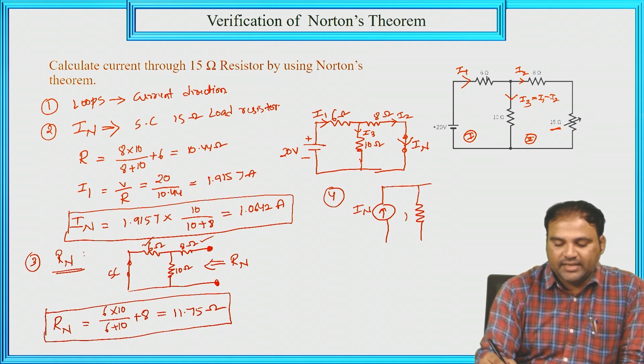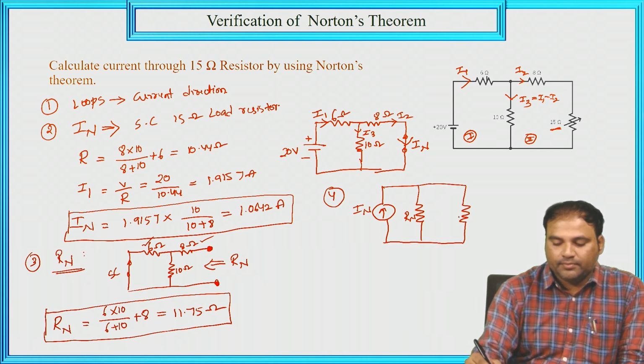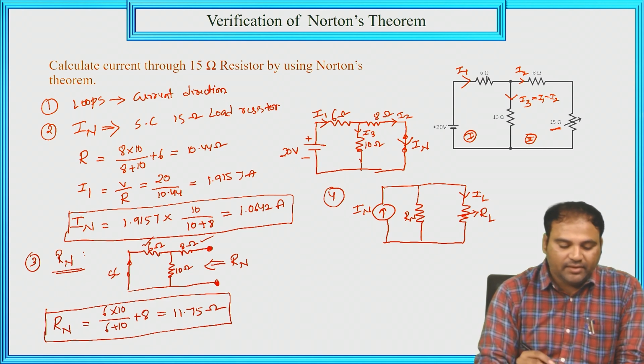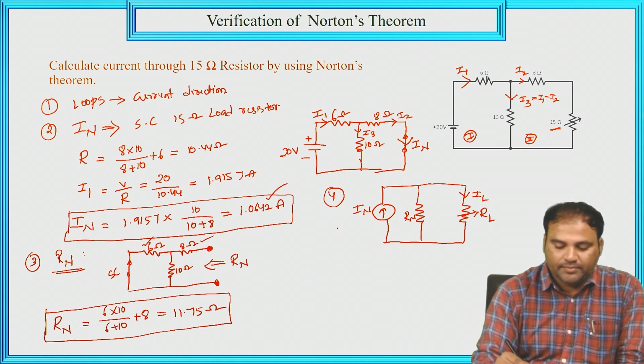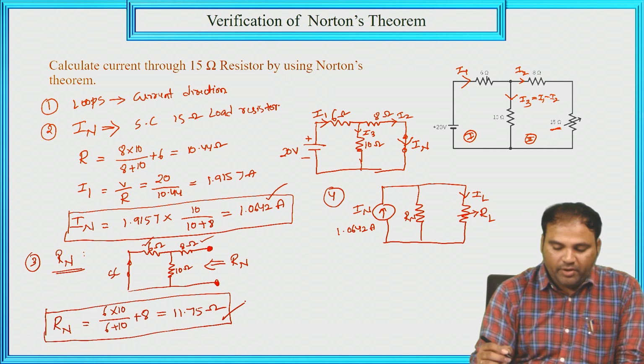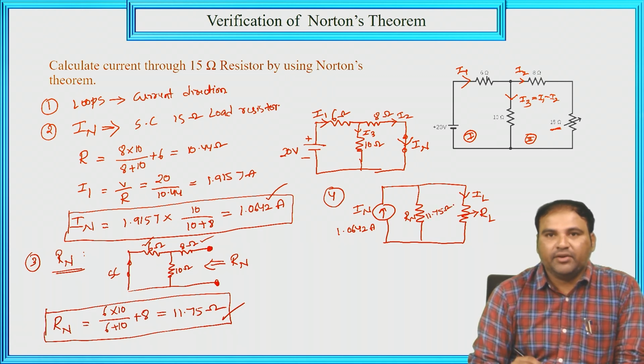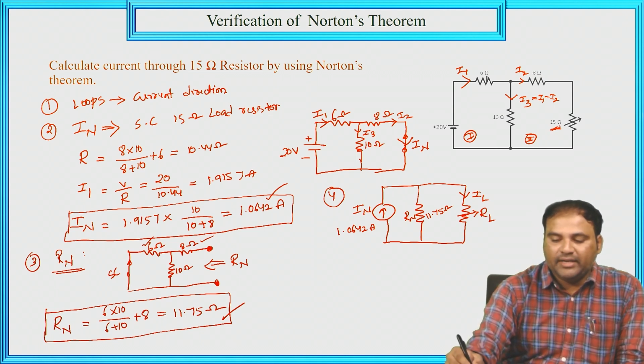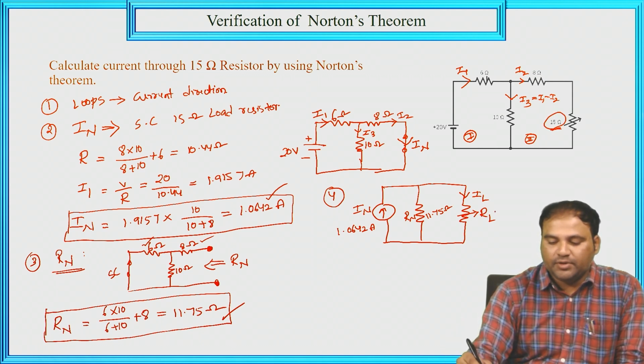Here is the Norton resistance Rn, and here is the load, RL. Across this load we need to calculate the IL value. IN is 1.0642 amperes. Rn is 11.75 ohm. And the load is 15 ohm, so RL is equal to 15 ohm.